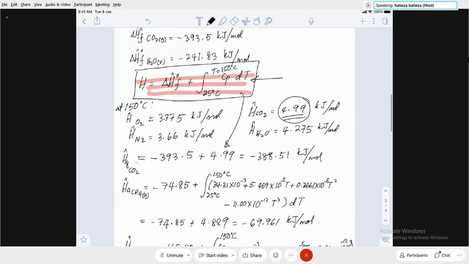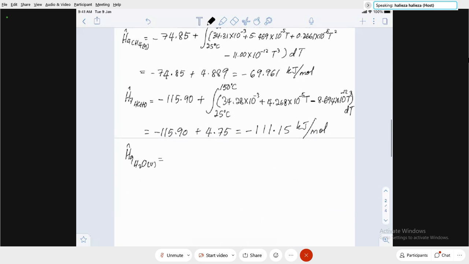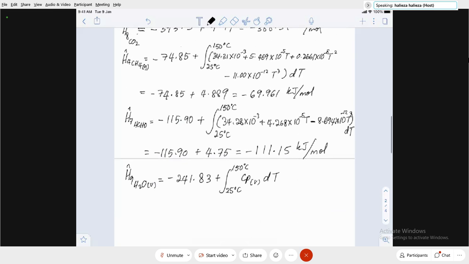That's our heat of formation of water vapor, negative 241.83. So we need to go from 25 degrees C to 150 degrees C. Get the CP if you need it with respect to temperature. But since water vapor is available from appendix B8, you don't need to integrate. You just simply plug in the value from appendix B8.